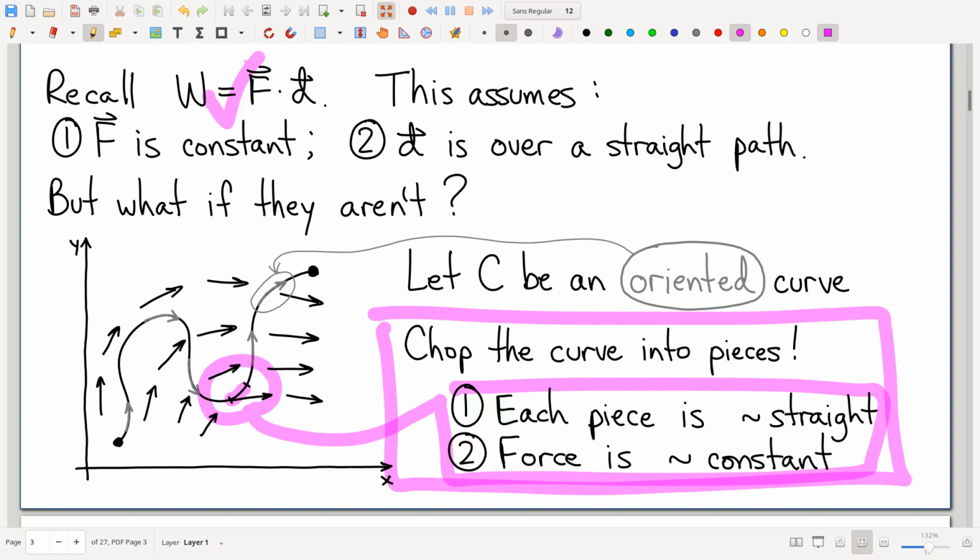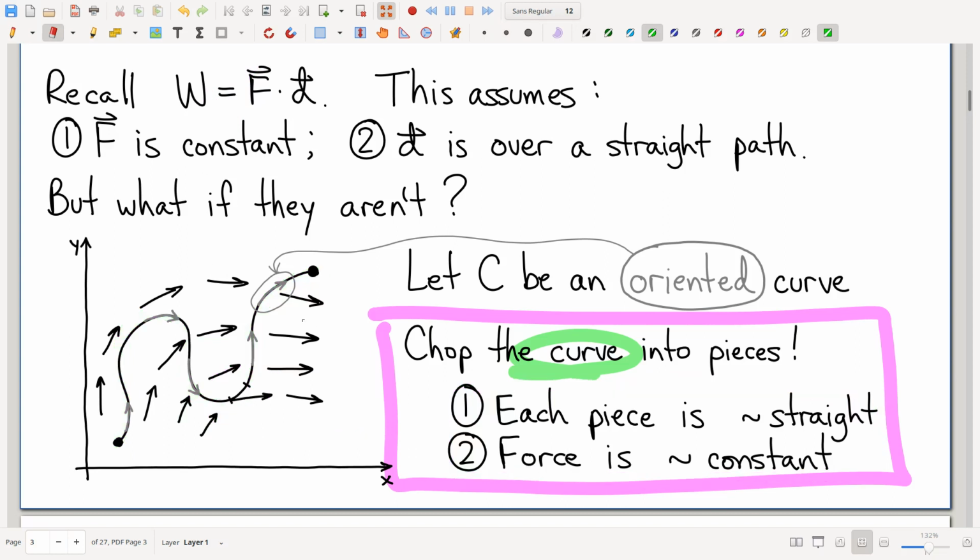We're just going to say force dot displacement, and then we're going to add up over the entire curve to get the total. Does that kind of make sense to everybody? Just kind of big picture strategy, with a couple of little things we have to worry about here, but that's going to be our approach.